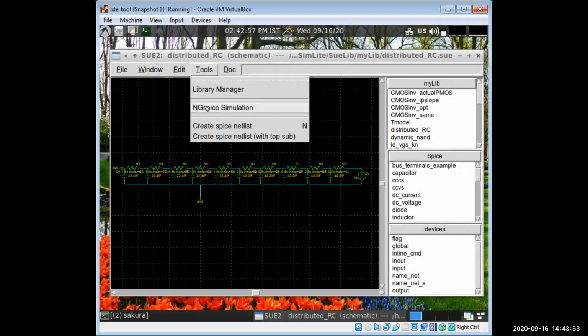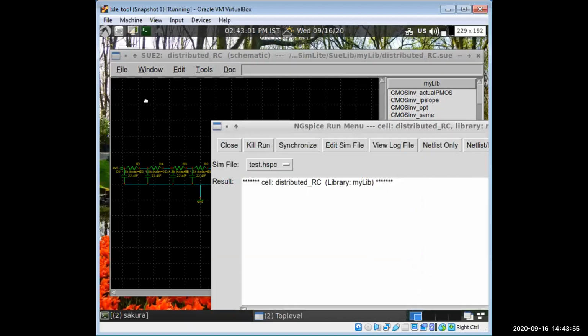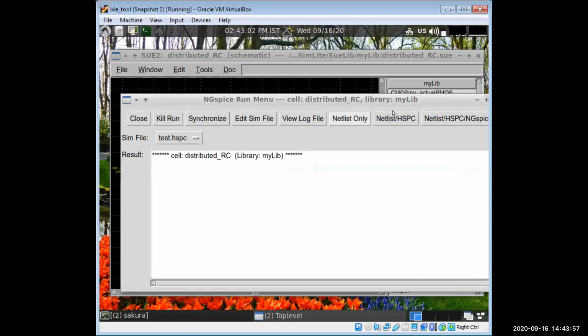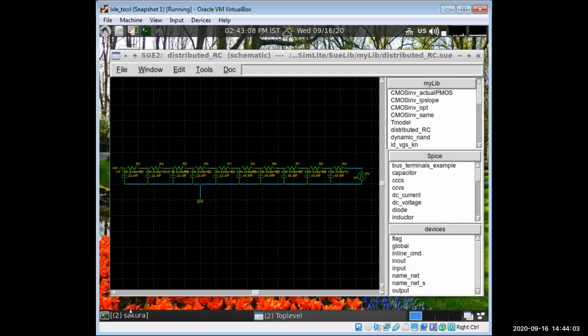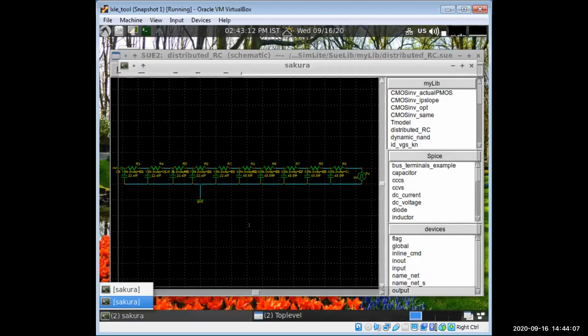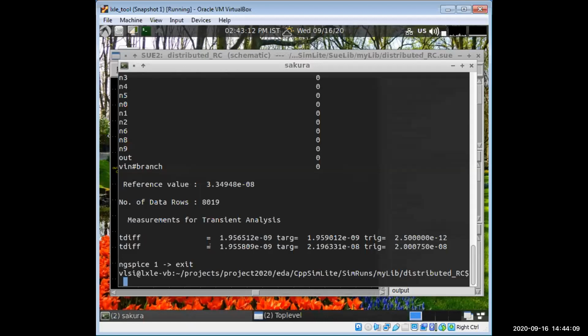Saved. ngSpice simulation. Now it's run.